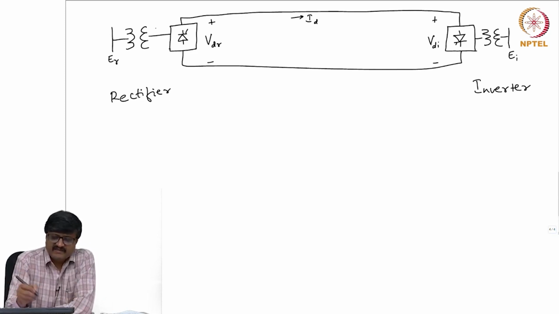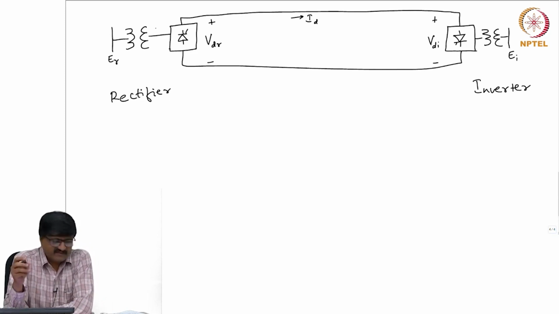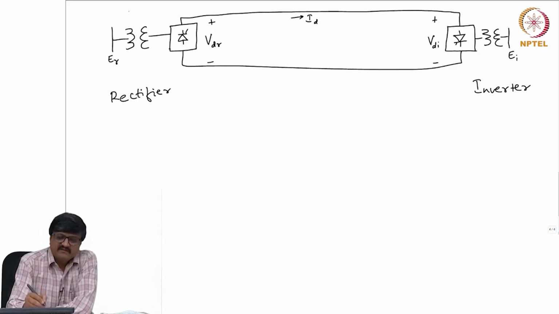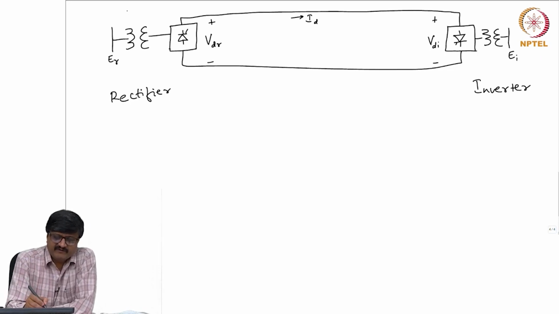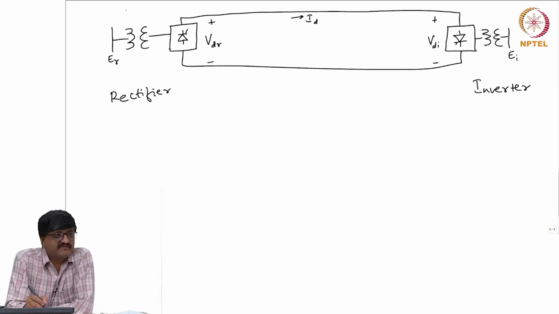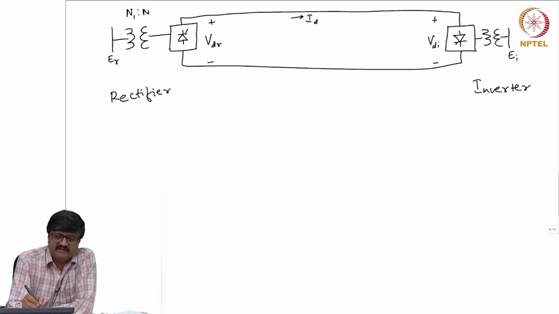So, there is a transformer on the rectifier side. Suppose I take one of the transformers, that is one of the YY transformers. We know that the number of turns on one side is N1 and on the other side it is N2. Now, to differentiate between the transformer on the rectifier side and the inverter side, I add one subscript R for rectifier.